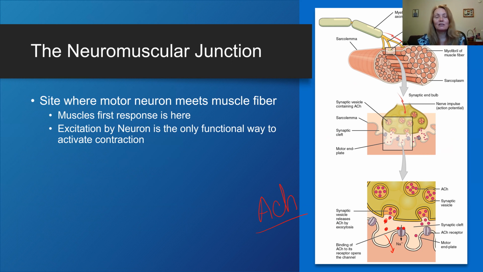So in muscle contraction, first, we need activation of the muscle cell by motor neurons, and it will be done by release of acetylcholine. Acetylcholine binds to its receptor on the muscle cell.